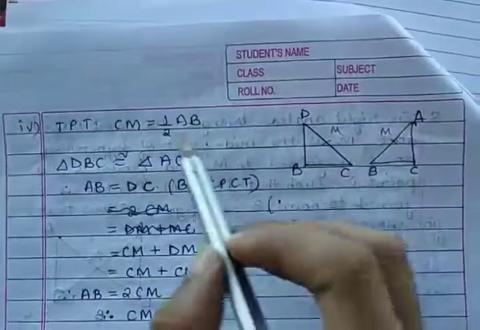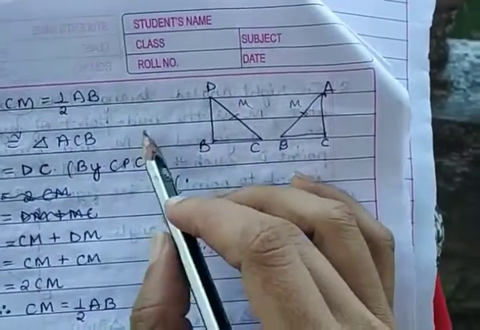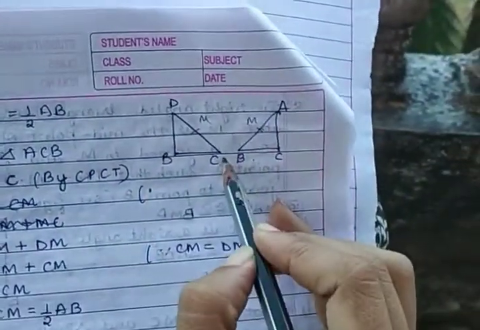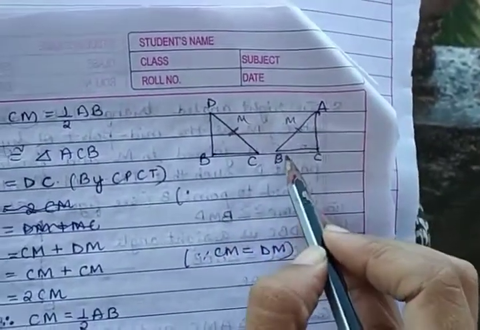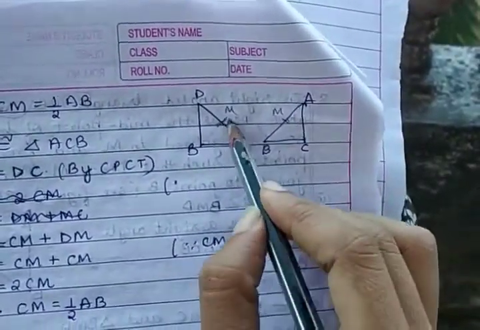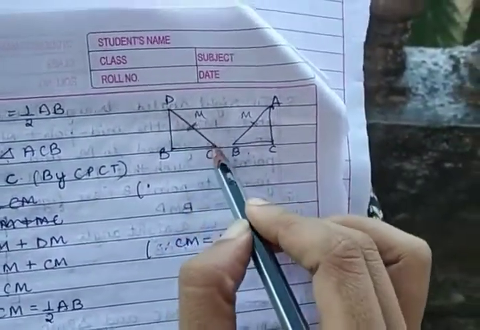So we want CM and AB. So which are the corresponding parts? Let us check. CM is here and AB.